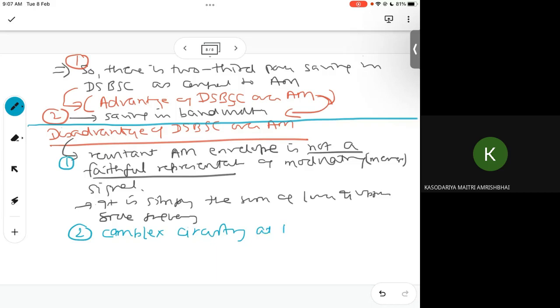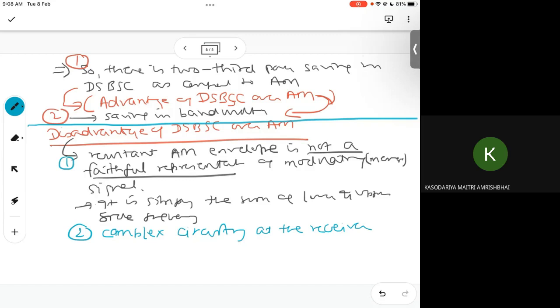So this is the complex circuitry at the receiver, which makes your circuit complex. So this is another disadvantage. So two advantages and two disadvantages of the double sideband suppressed carrier. Yes, definitely there is advantage. I am saving the power, but you are not getting the faithful reproduction of my speech signal or the message signal. Okay.